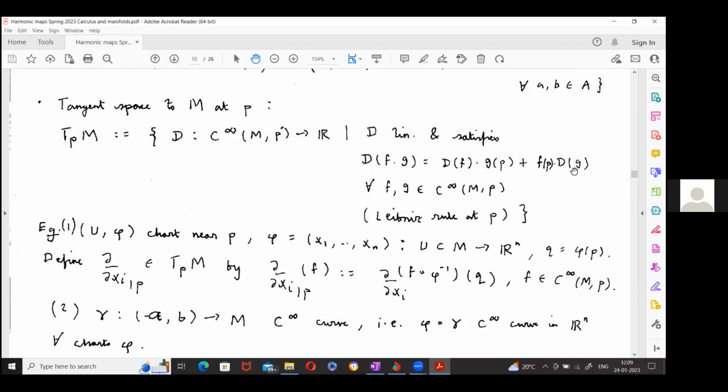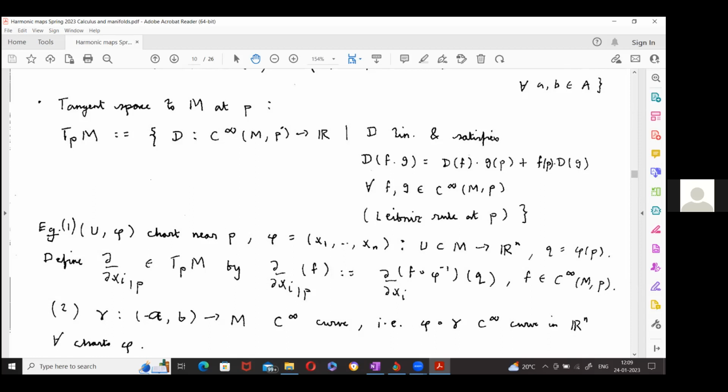Now, what do we want? We want this tangent space to an n-dimensional manifold to be an n-dimensional vector space, right? Now, it's easy to see that the ring of germs of smooth functions is an infinite dimensional vector space. At any point P, you can just take germs of polynomial functions near P, polynomial with respect to some chart. Those give you an infinite dimensional subspace of your space of germs.